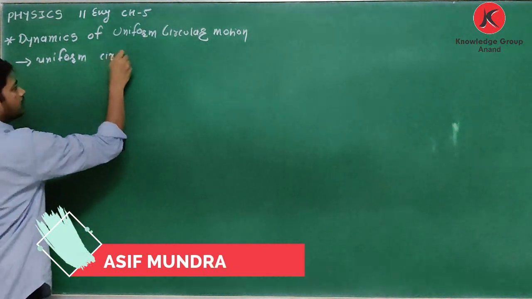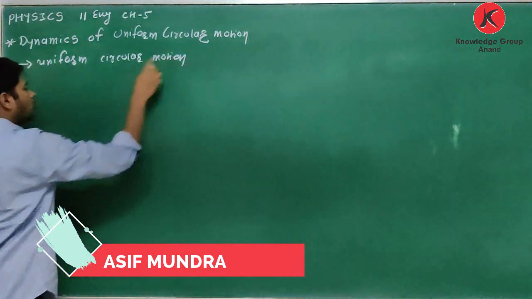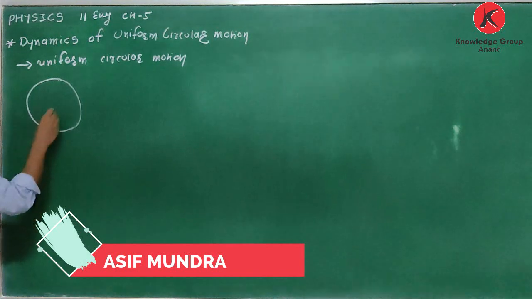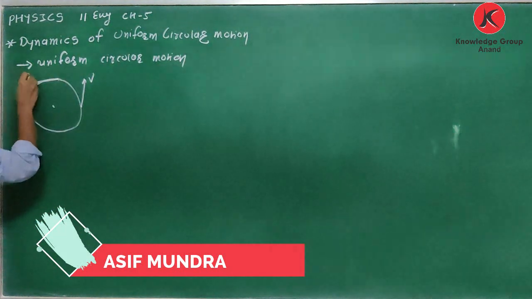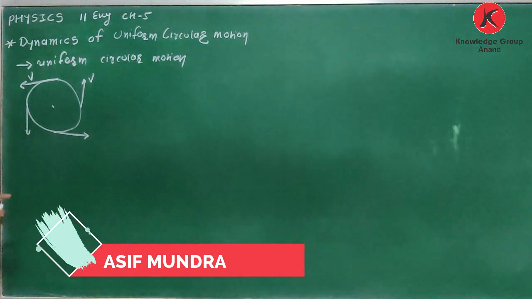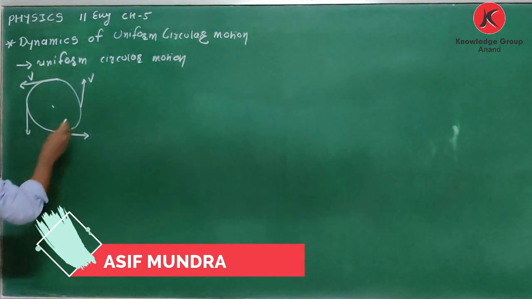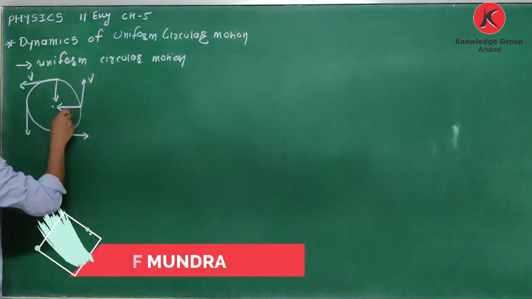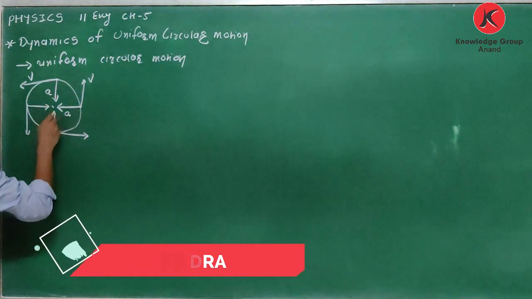Uniform circular motion. When an object is moving on a circular path with constant velocity, it is called uniform circular motion. And we know that in uniform circular motion, acceleration is towards the center.